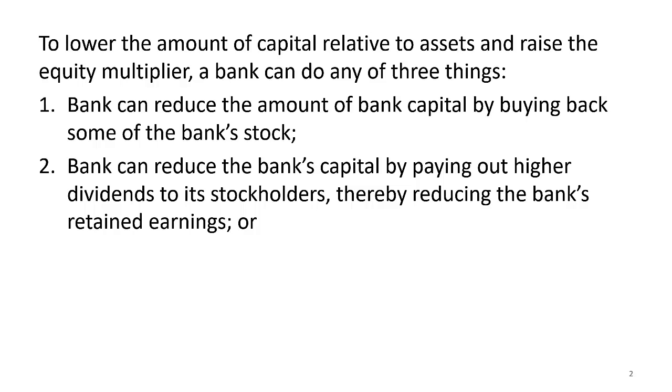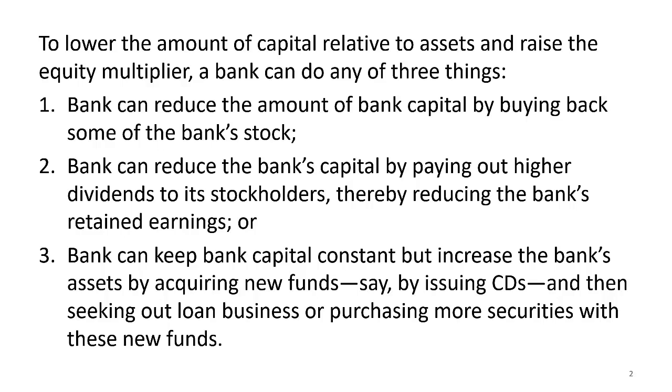Second, banks can reduce capital by paying out higher dividends to stockholders, thereby reducing the bank's retained earnings. And finally, a bank can keep capital constant but increase the bank's assets by acquiring new funds, say by using CDs, and then seeking out loan business or purchasing more securities with these new funds.